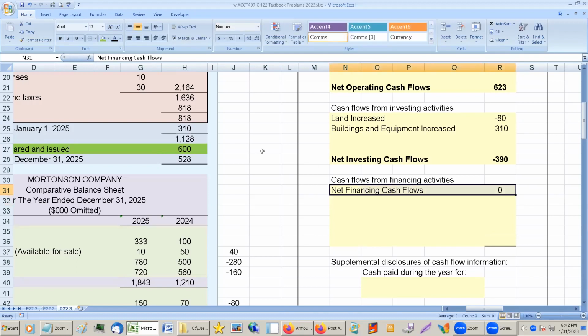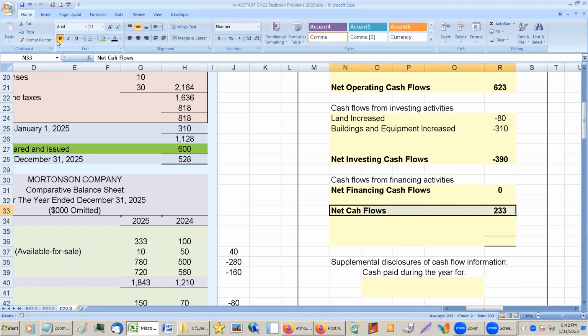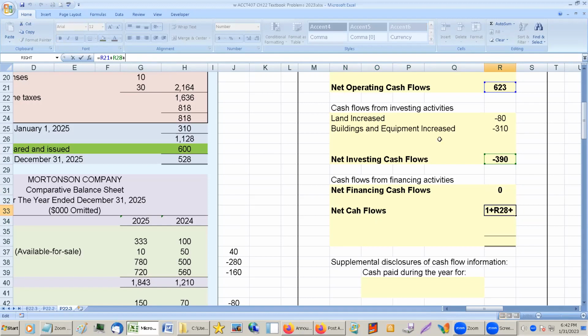Net financing cash flows is 0. So the net cash flows for the period will be 623. Oh, wait a minute. Yeah, it'll just be this anyways, 233. Because that's 0. I didn't add that one. I'll add it in. It won't make any difference, right?